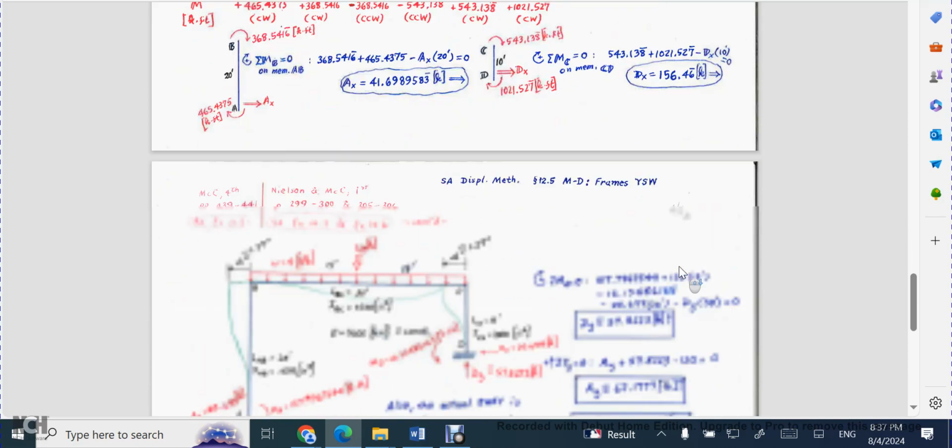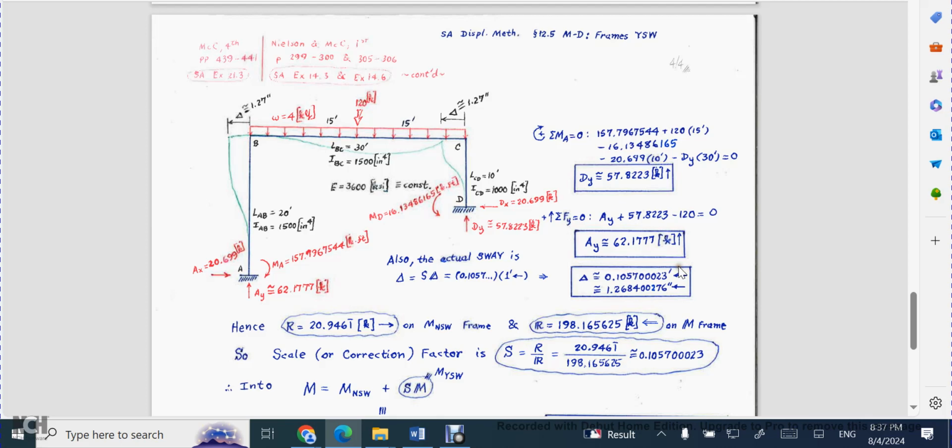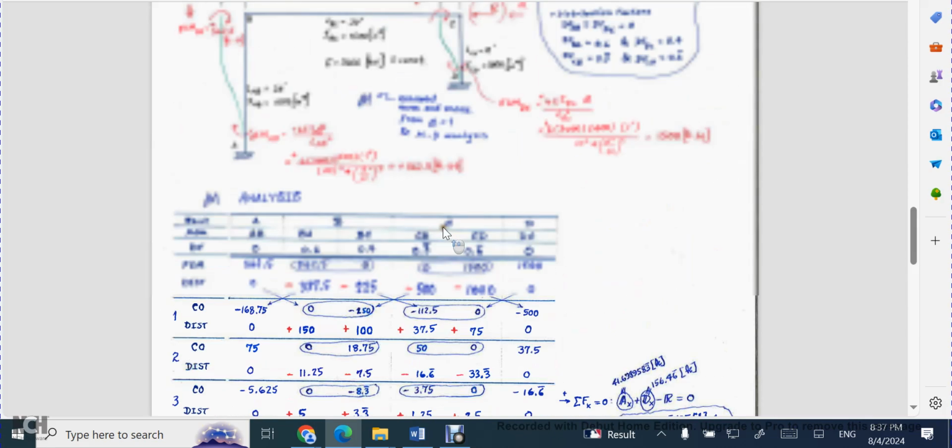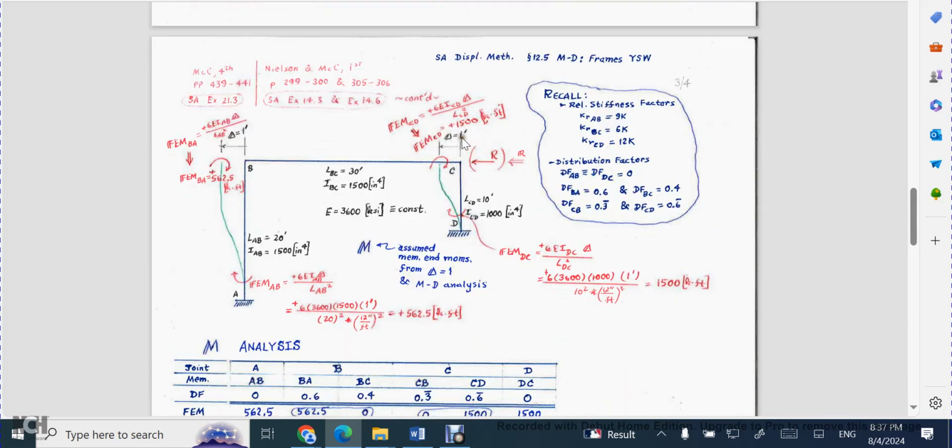All right, the next step to wrap this all up is you need to compute your scale factor or your correction factor. Okay, so we imposed a unit delta back here. If you'll remember, it was 1 foot, and then from there we were able to get our fixed end moments. So now I need to scale up or down to correct for that assumed value.